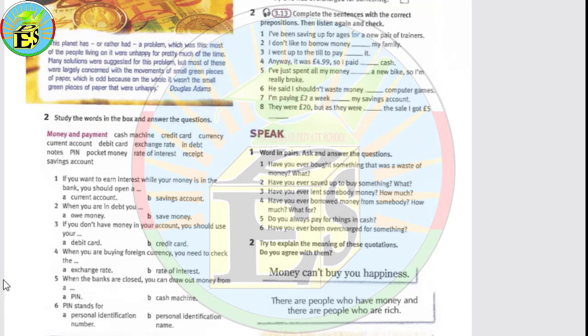Exercise 2. Study the words in the box and answer the questions. These are the words as we have already read them. Then I want you to answer the questions from number 1 to number 6. In each one we have here 2 options. You have to read and choose the correct one.